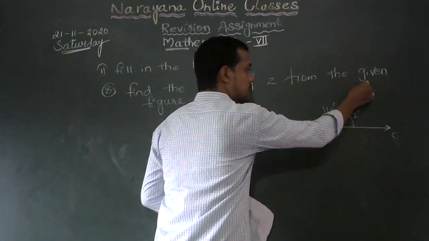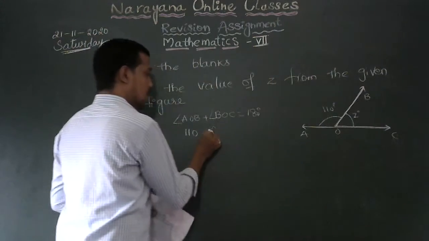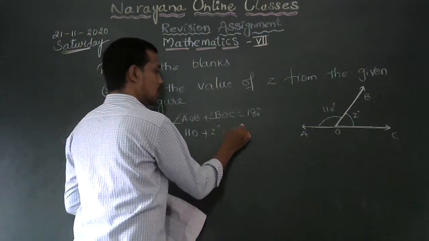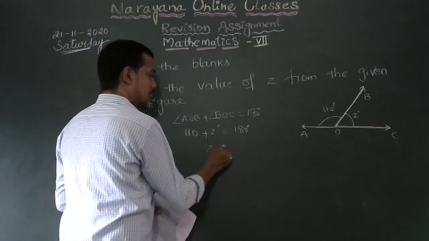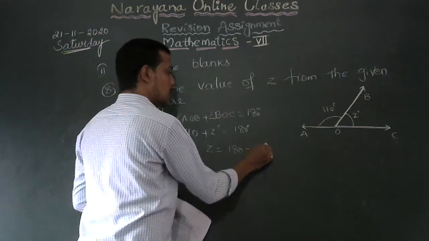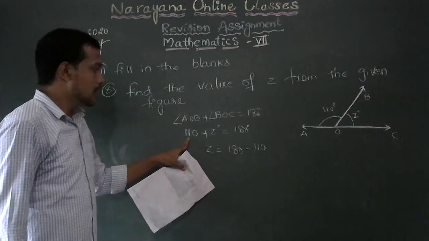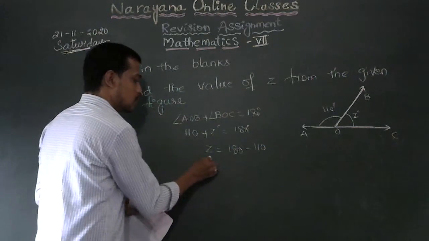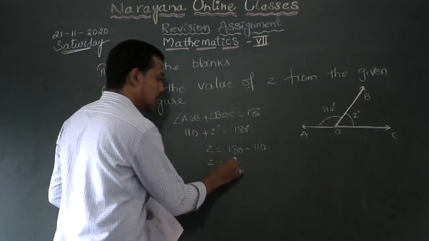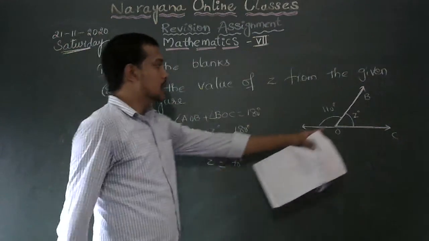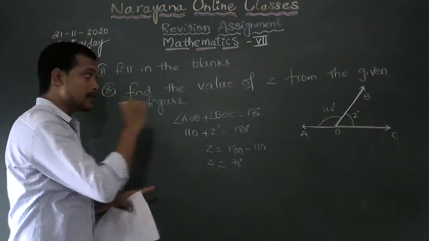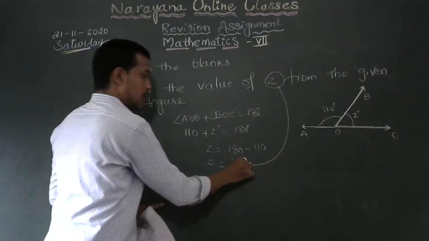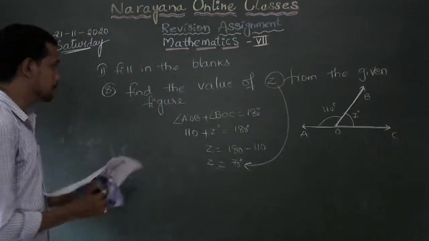Angle BOC is z degrees, equal to 180 degrees. So z equals 180 minus 110. Plus 110 brought to the RHS becomes minus 110. So 180 minus 110 is 70. So the value of z is 70.